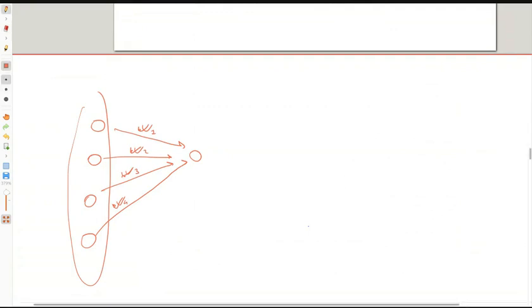And the value here will be W1 x1 plus W2 x2 plus W3 x3 plus W4 x4 plus B. Okay, this is explicitly the neural network as I was telling you before.